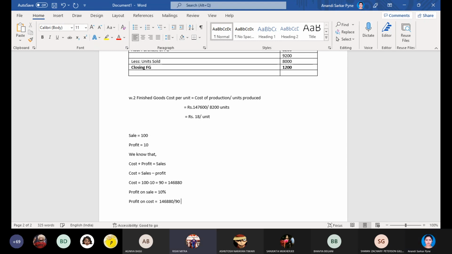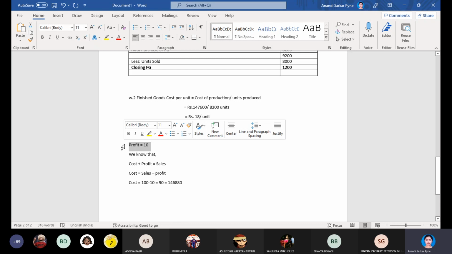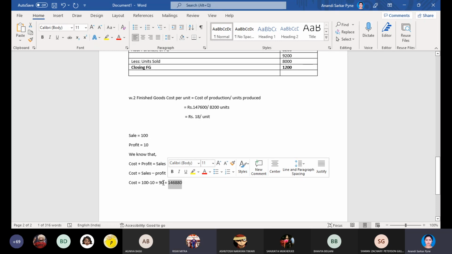Yes, ma'am, this part I didn't understand. How will this 90 be equal to 1,46,880? What have we found out? Total cost of sales is 1,46,880. We know that sales is 100%, and because profit is 10%, cost is 90%. So 1,46,880 is with respect to 90%.